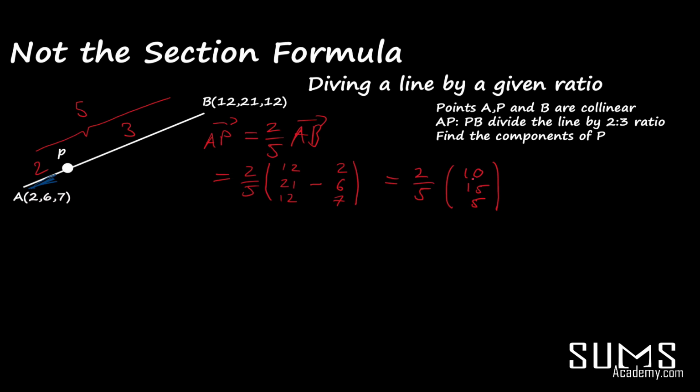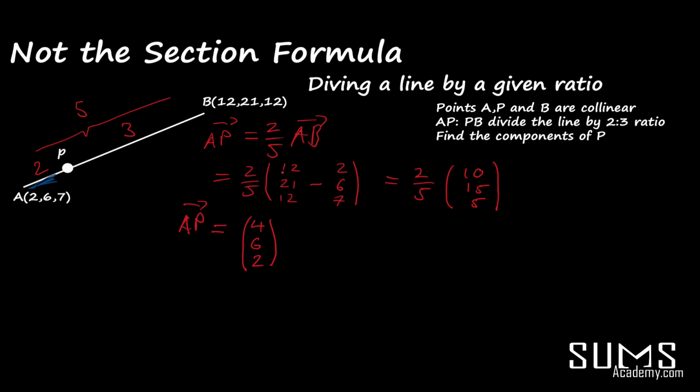Now you need to multiply everything out by 2/5, and because these numbers all divide by 5, it's pretty easy. So 10 divided by 5 is 2, so 2 times 2 is 4, 15 divided by 5 is 3, times 2 is 6, 5 divided by 5 is 1, times 2 is obviously 2. So now we know that AP is equal to (4, 6, 2).